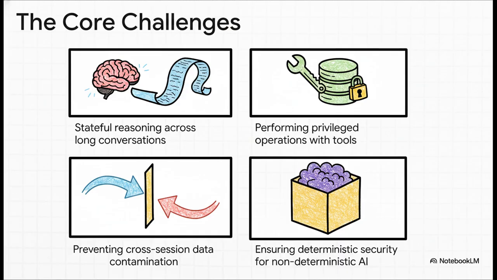Second, they often need to use tools, to do things like access a database for a user. That has to be airtight security-wise. Third, and this is absolutely critical, you have to prevent data from one person's session from ever leaking into another. And finally, you've got this wild situation where you need to apply predictable, rock-solid security rules to an AI that is, by its very nature, unpredictable. Yeah, that's a tough nut to crack.